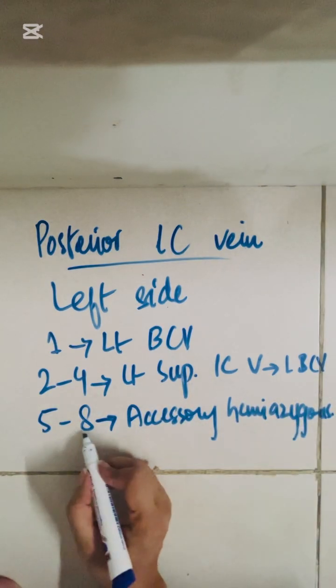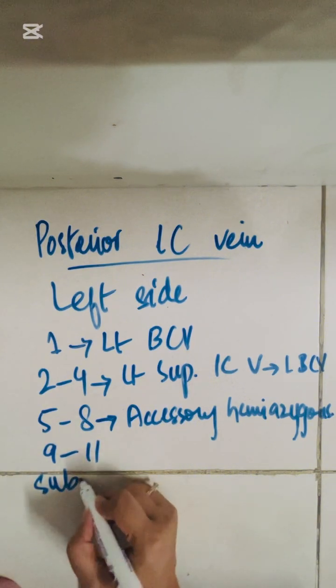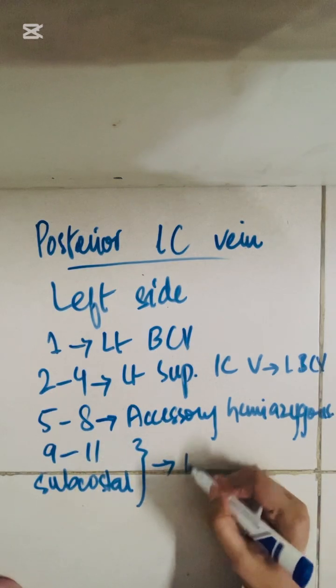And the remaining, that is 9 to 11 plus the subcostal vein on the left side, drain into the hemiazygous vein.